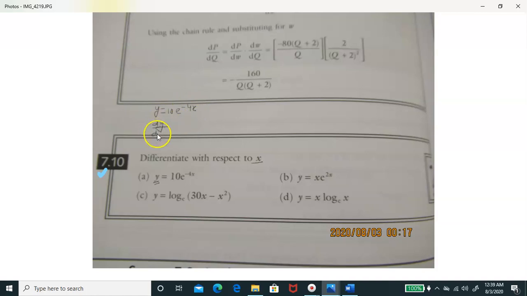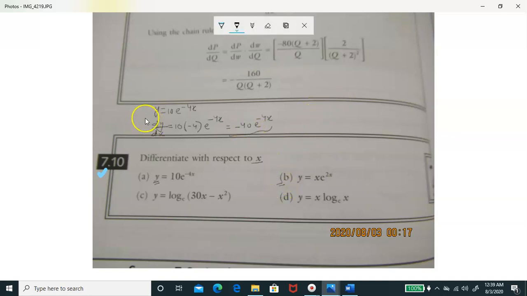When we differentiate with x, nothing will happen to that constant term, and for e raised to the power minus 4x, that minus 4 will come in front and get multiplied. The e^(-4x) will remain unchanged. So minus 4 times 10 is actually minus 40 e^(-4x). That will be the answer, right? So this is number 1.